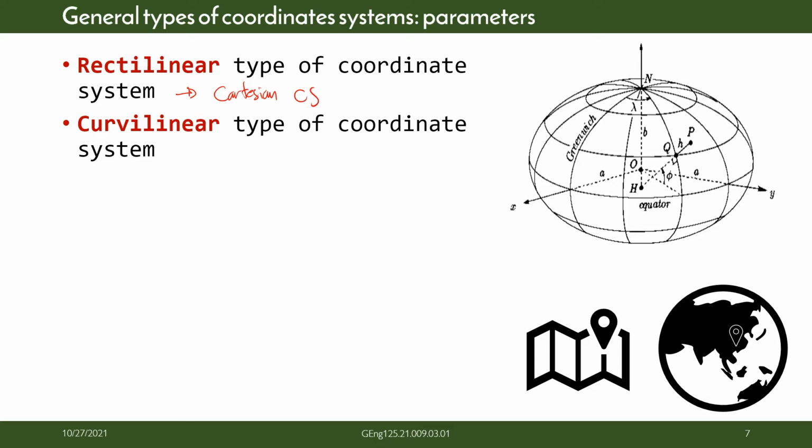For the curvilinear, we have the angular measurements, and the third attribute is the height, which serves as the linear one. When we say curvilinear, we have latitude, longitude, and height as shown in this image.